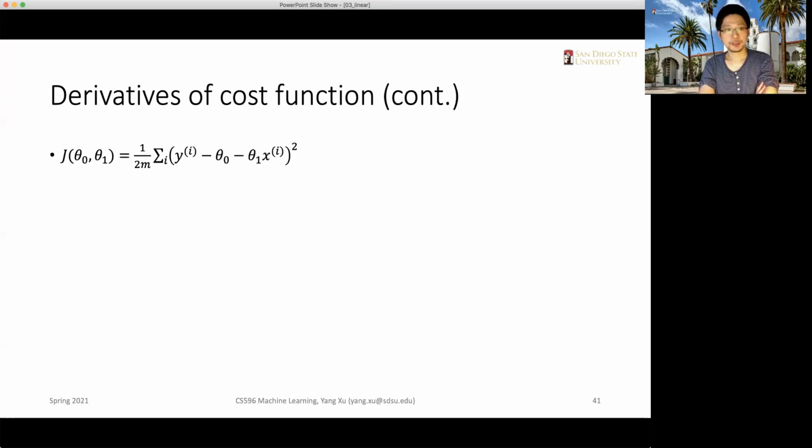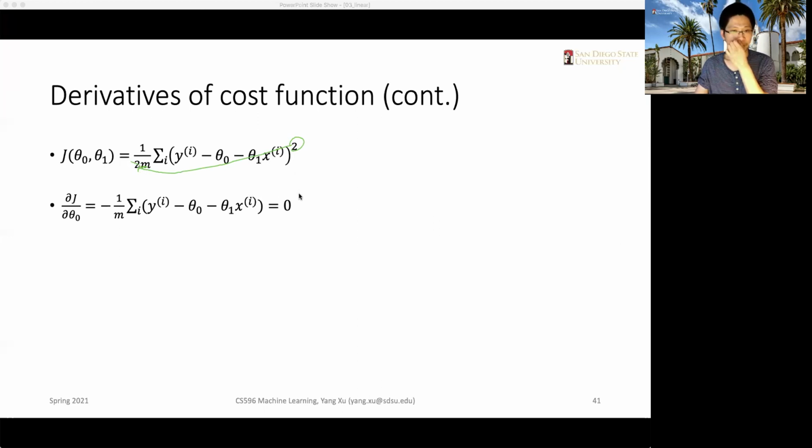J of theta 0 and theta 1 looks like this, right? It's 1 over n times a summation of a bunch of squares. Now if you take a derivative with respect to theta 0, we follow the rules of taking derivatives. We take the 2 out and eliminate it with the 2 in the denominator here.